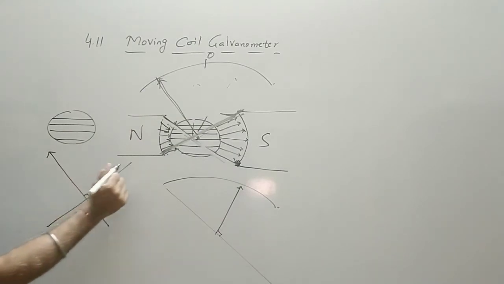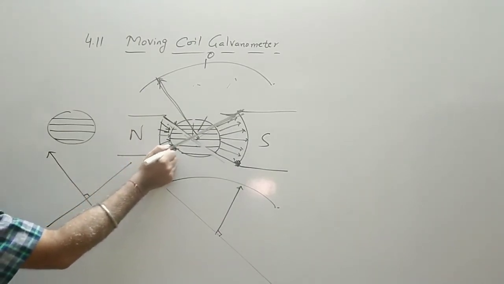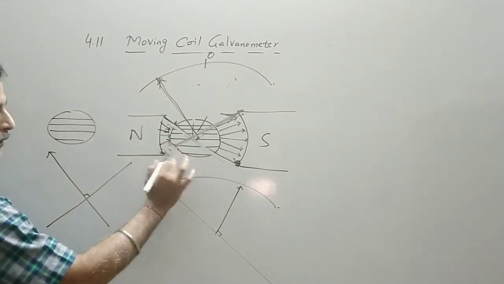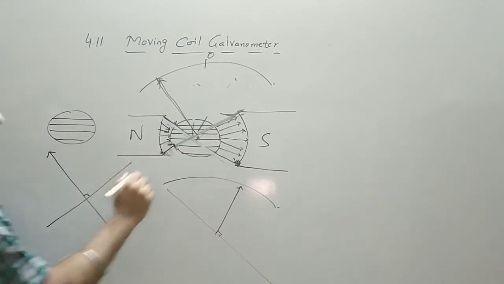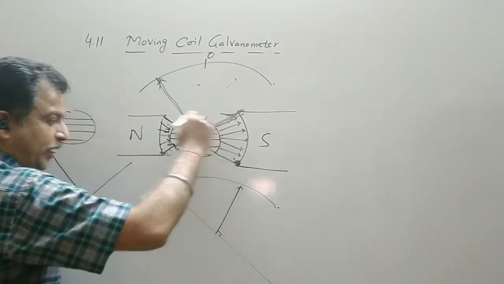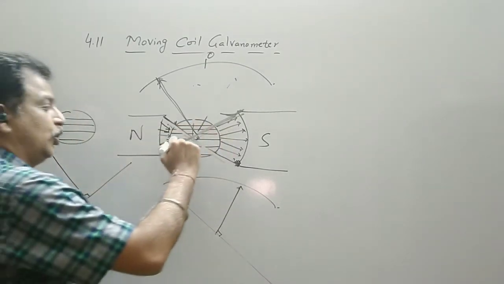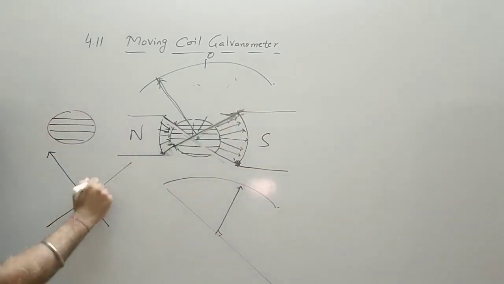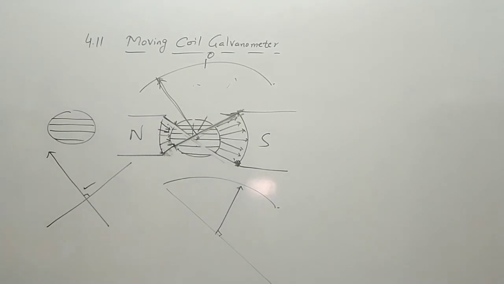So the magnetic field lines will be taken. This is emerging from the North Pole. Then this core becomes magnetized. So the magnetic field lines pass through this, and we take this angle. So this angle always remains 90 degrees.